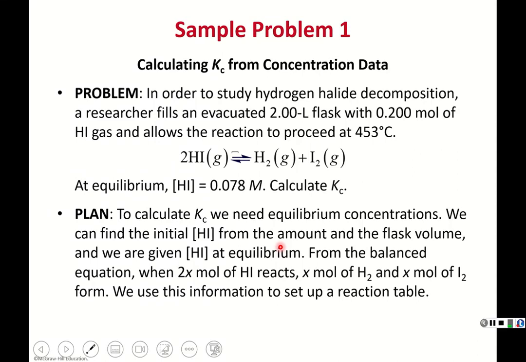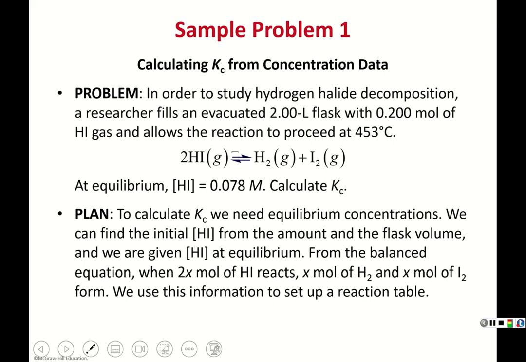So the first problem we'll work through: in order to study hydrogen halide decomposition, a researcher fills an evacuated 2-liter flask with 0.2 moles of HI gas and allows the reaction to proceed at 453 Celsius. The reaction is 2HI decomposes into H2 plus I2 gases.